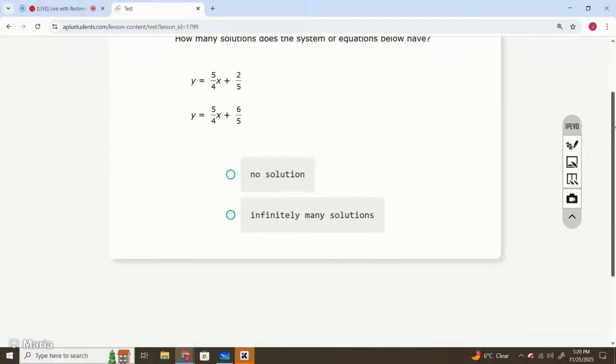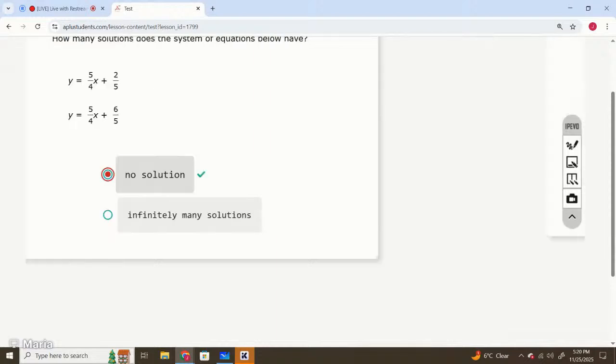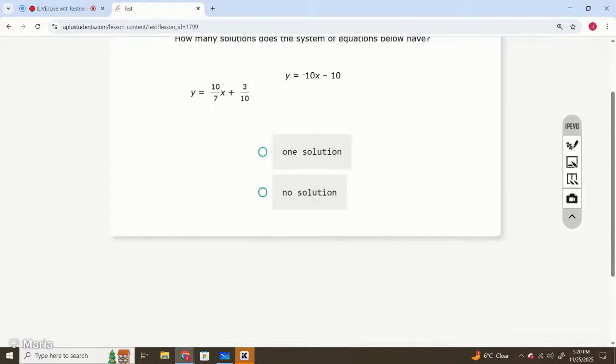The system has one solution, same slope and different y-intercept. No solution. Oh, that means no solution.